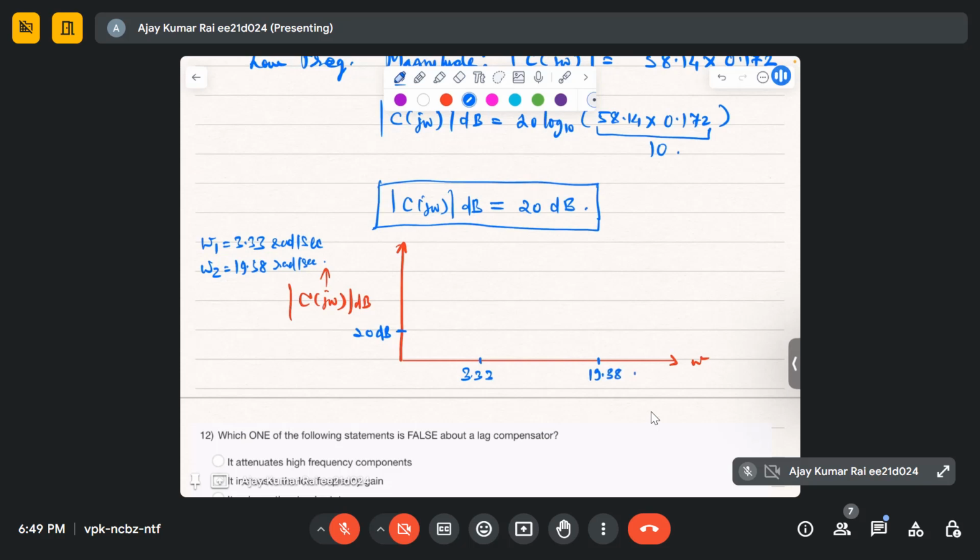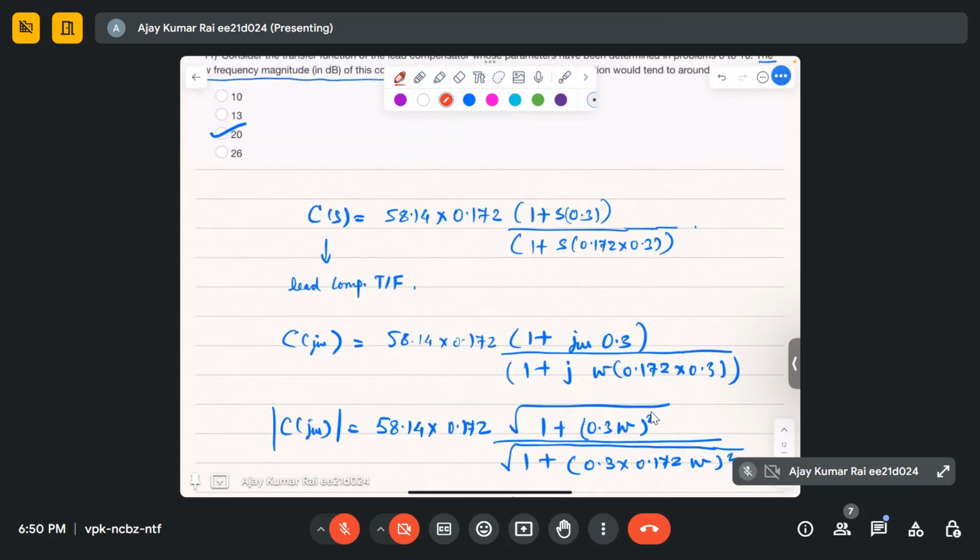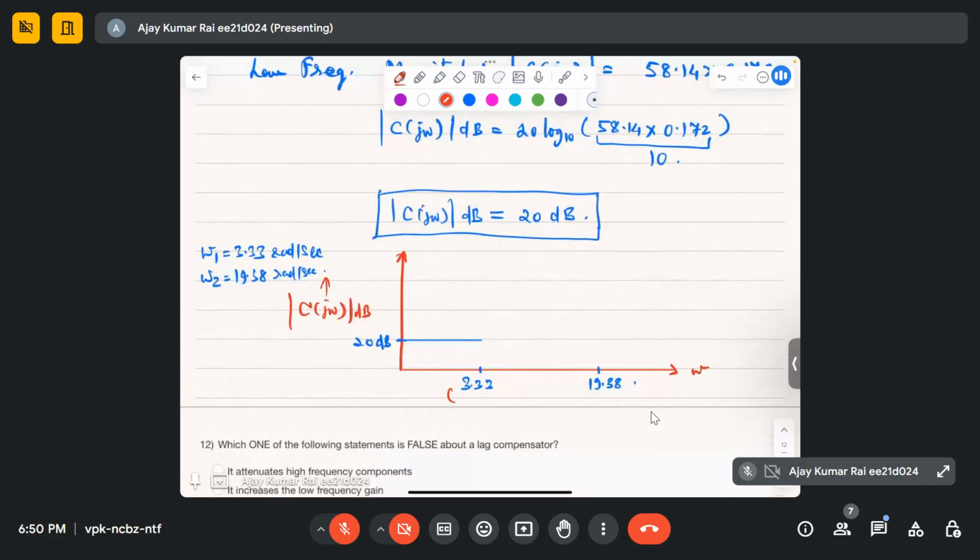Okay, so I'm drawing the approximate Bode plot. What you'll see is, this is at 3.33, so this is a pole or zero. Can you tell me, will the slope increase or decrease?